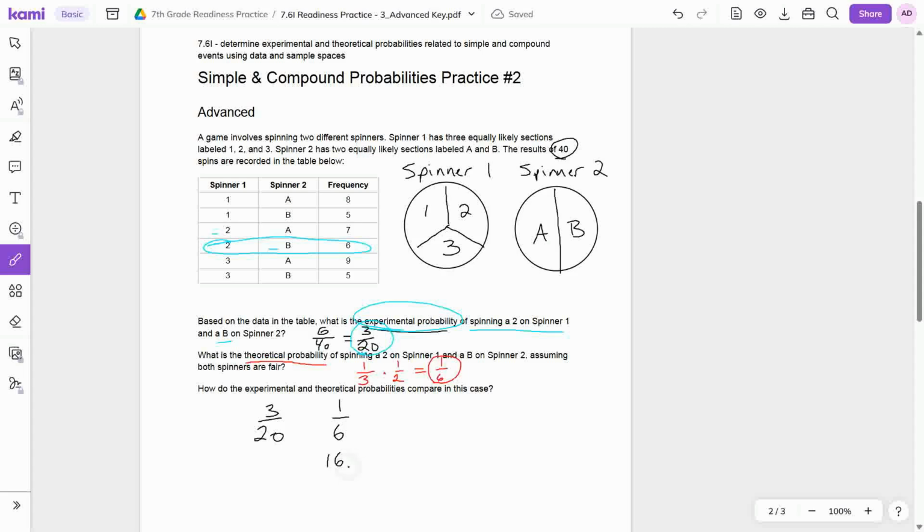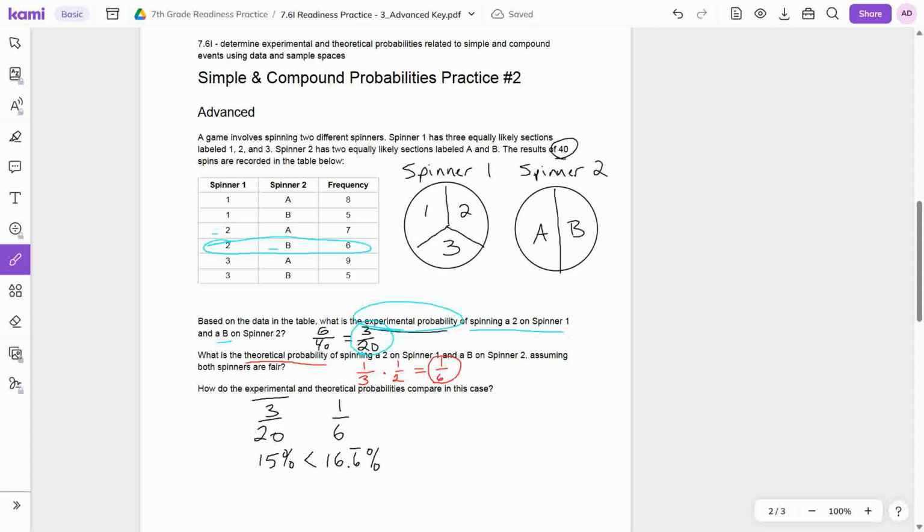It's 16.6 repeating percent. Okay, that's just what 1/6 is. Now, I'm going to compare if I get the other one into a percent. And so 3/20 is 15%. And so it's just a little bit below. And so we'll say that our experimental is just slightly less than our theoretical.